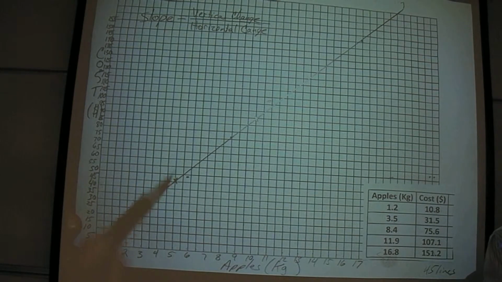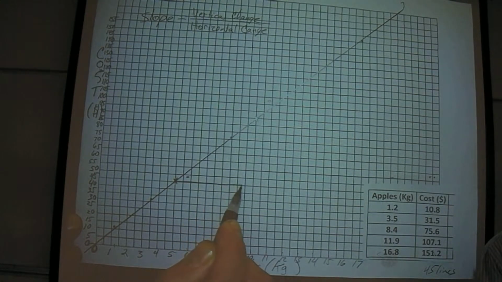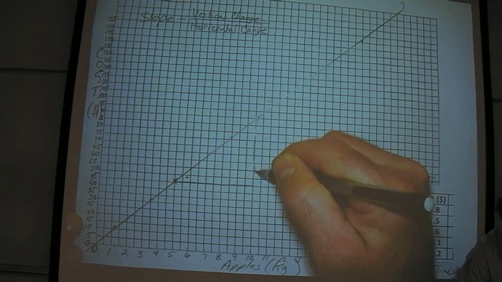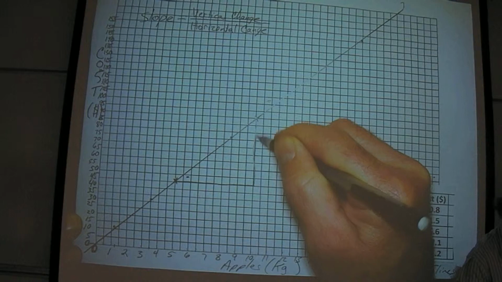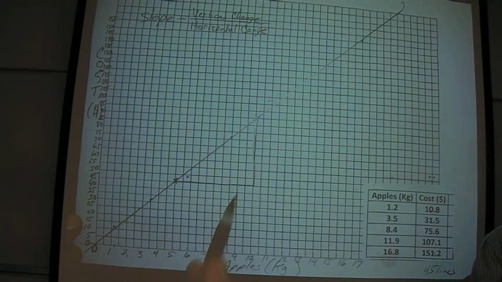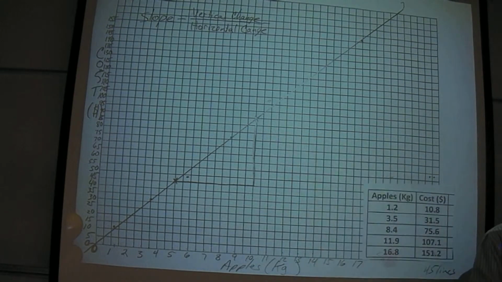Once I select these points that I'm determining the slope between, it's advantageous to draw a right triangle between those 2 points to help you kind of visualize the horizontal change and the vertical change on the graph. To get the horizontal change, I want to start with my final number.